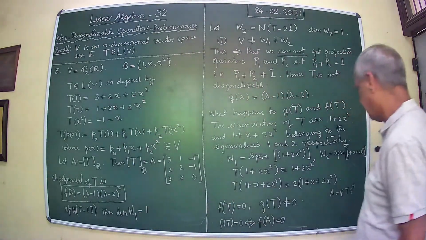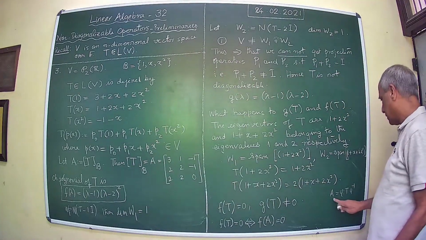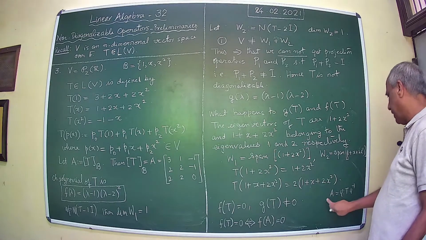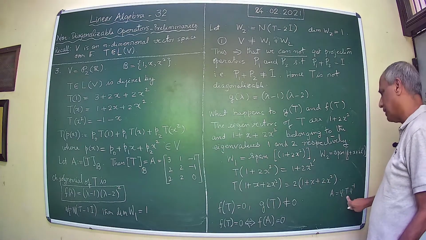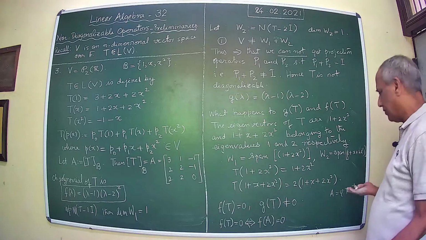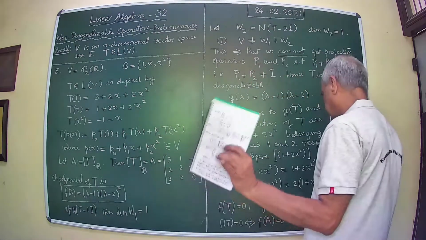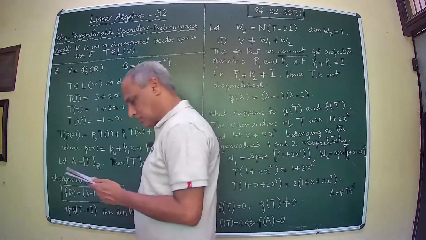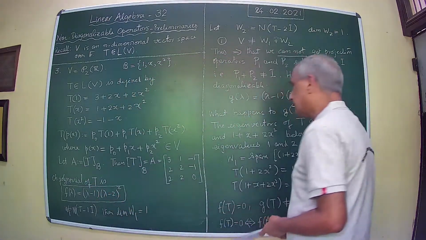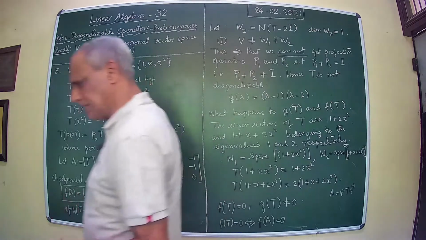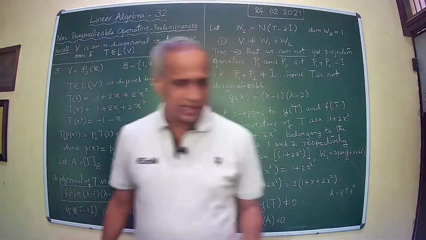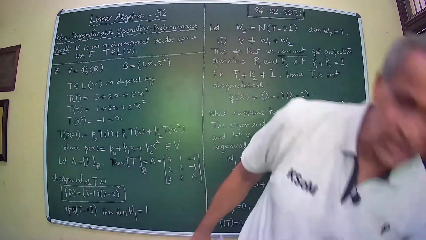Therefore, one can easily prove that f(T) is essentially 0 if and only if f(A) is 0. That's quite easy to work out. So it's enough to compute f(A) and g(A).